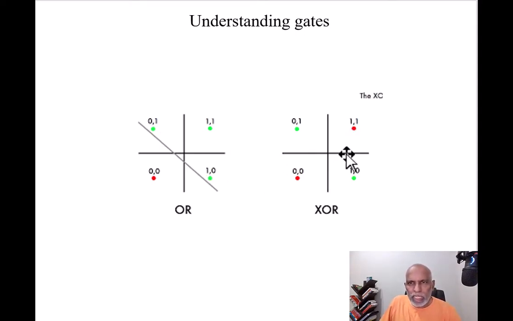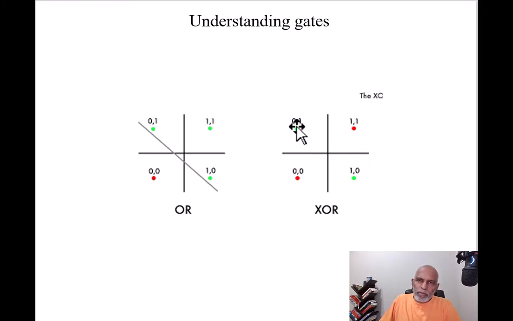But if you look at the XOR gate, the exclusive OR, when the two inputs have different values, the output is 1. When both are the same value, like 1,1 and 0,0, the output value is 0.